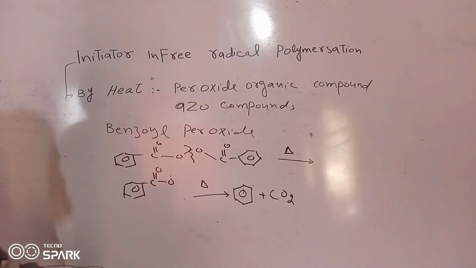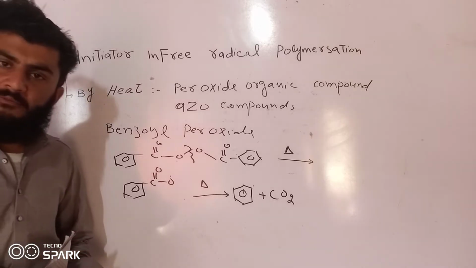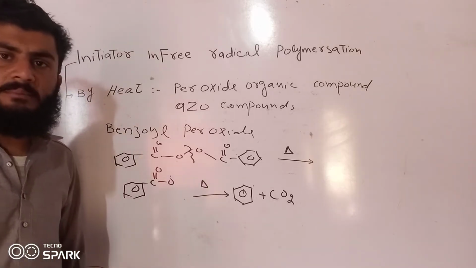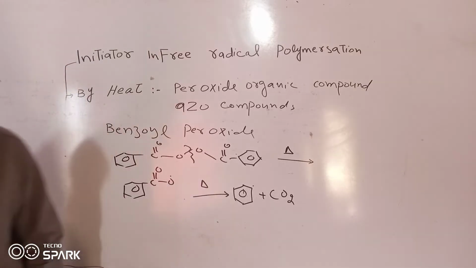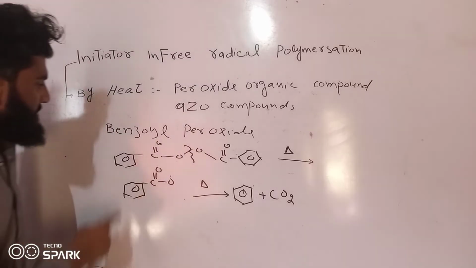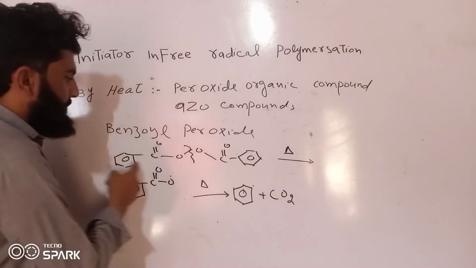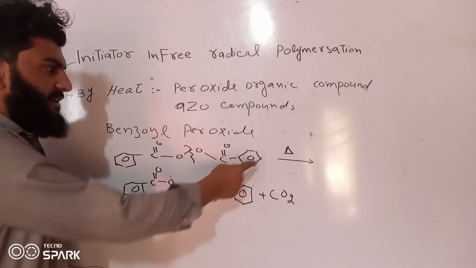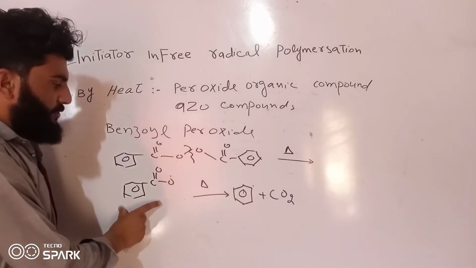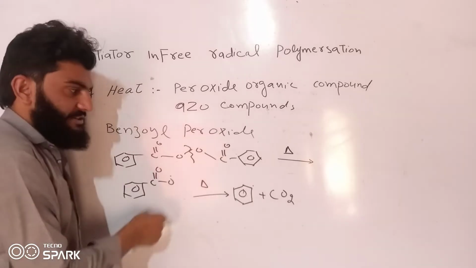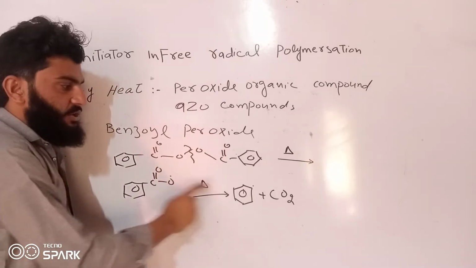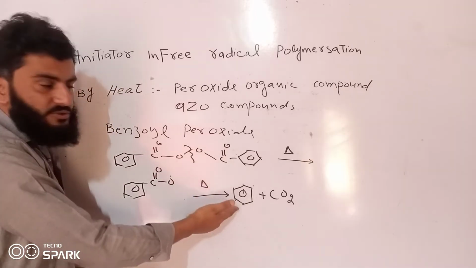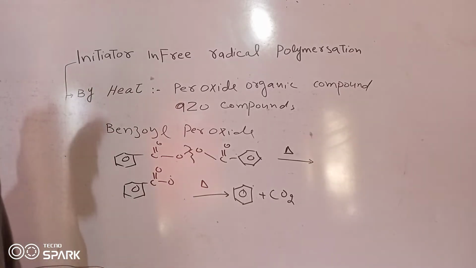So we can produce free radical from peroxide organic compounds. This is benzoyl peroxide, and when we heat it, it produces this radical and an intermediate, which is converted into that, and carbon dioxide is released.